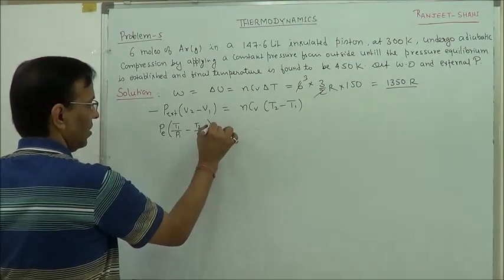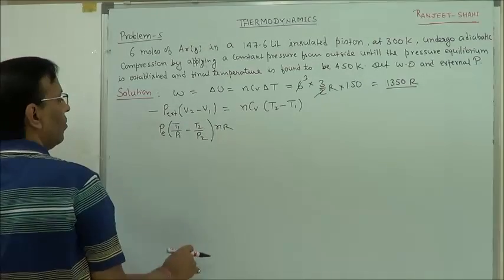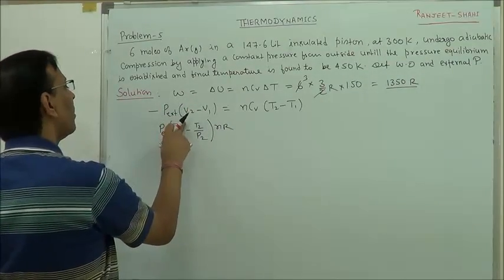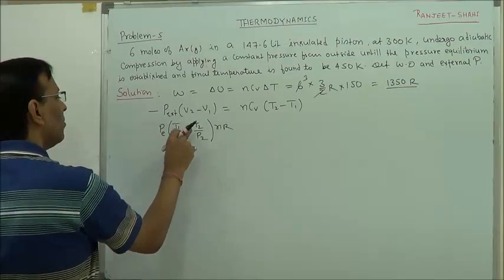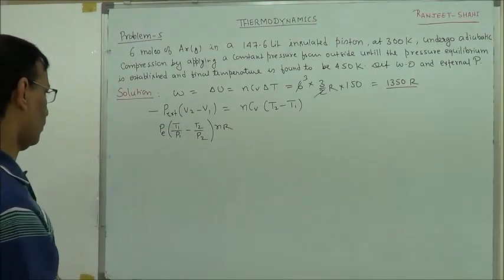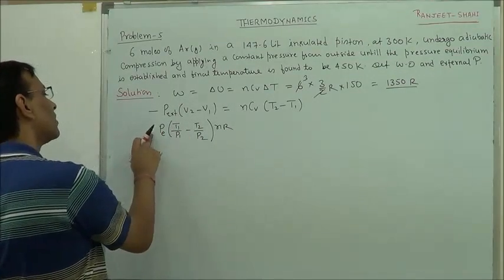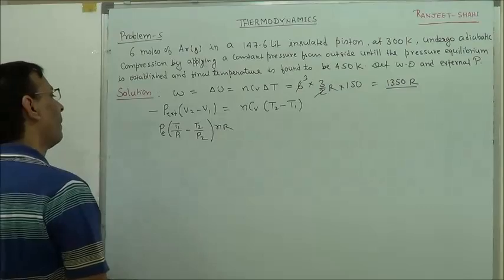We are taking the minus sign inside, so V1 minus V2: V1 is nRT1 by P1, V2 is nRT2 by P2. Finally, pressure equilibrium is established, so P external and P2 are the same.